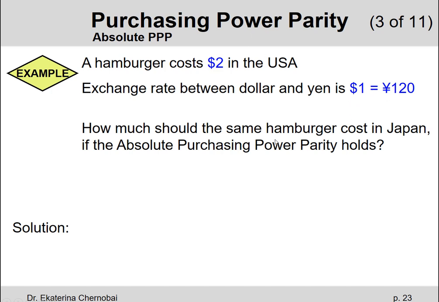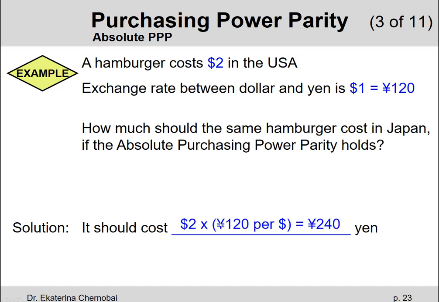So the solution is, if $1 gives us 120 yen, then $2, which is the cost of this burger, should give us the price for the same burger in Japan. So $2 times 120 yen per $1 equals 240 Japanese yen. So 240 Japanese yen is how much the same exact burger should cost in Japan.